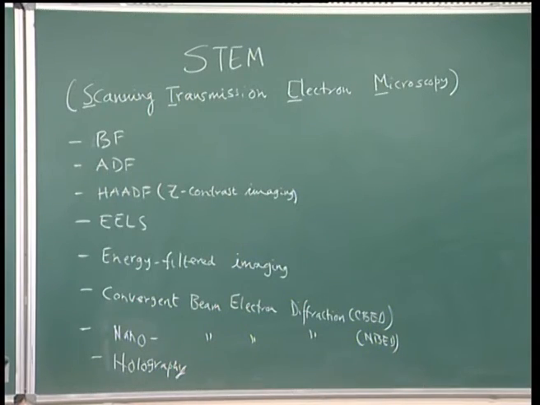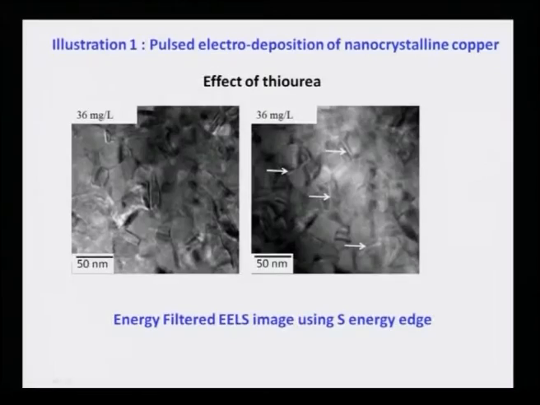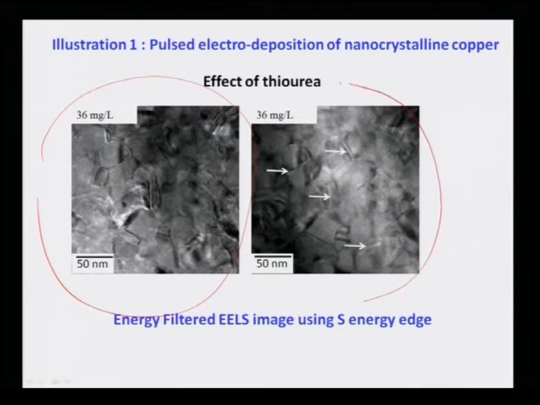As I said, EELS can be used to filter out or obtain images for the electrons which have lost a particular amount of energy. The left side of the picture shows the normal bright field image, and the right side is taken using the sulfur energy edge, which means the electrons which have lost energy corresponding to the sulfur edge in the EELS, and that can be used to obtain the bright field image.